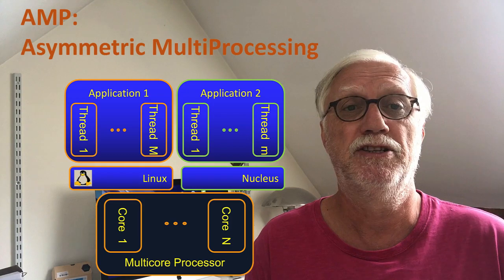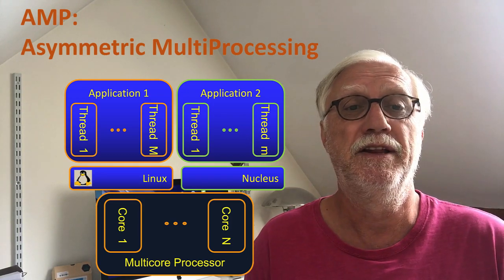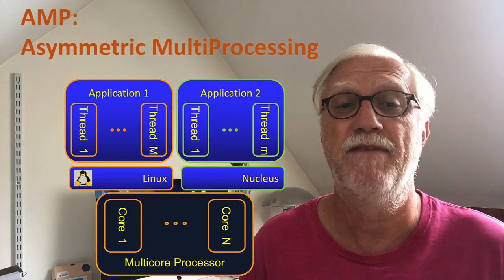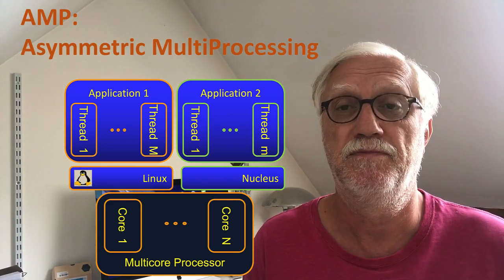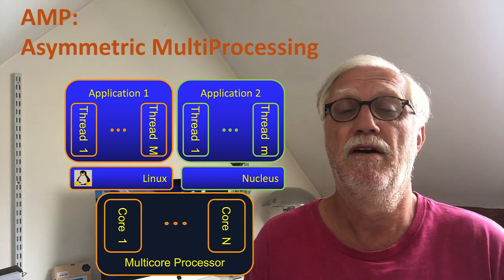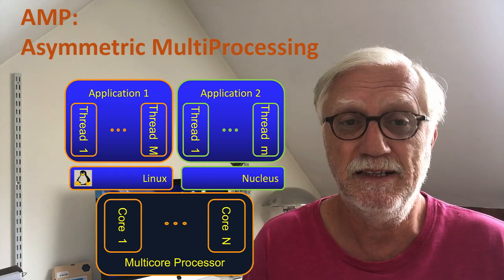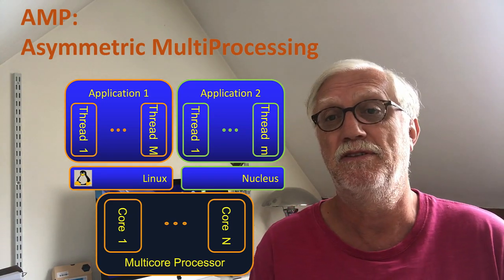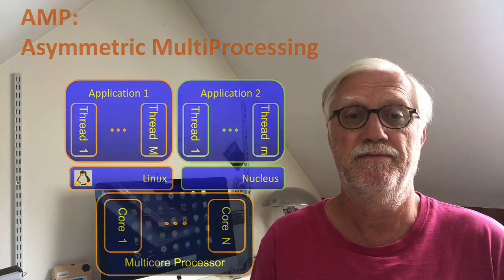In the example I show here, we have Linux running on one core, we have Nucleus RTOS running on another, we may have other operating systems running on other cores. Any combination that suits you. You can choose the best operating system for the application in hand. You may have no operating system actually, you may run the core bare metal as we call it. That's the choice you have.